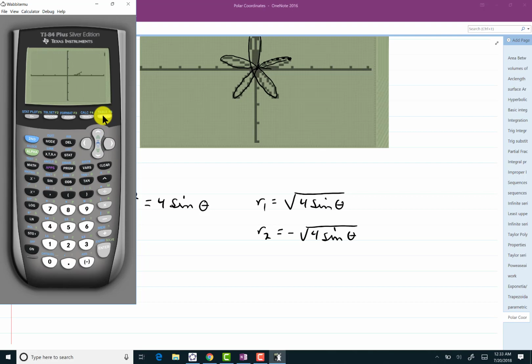I'll adjust as needed. I'm doing it slow so I can see what's going on here. Here we go. It kind of looks like a figure 8, doesn't it? So it did the top half, and then it went and did the bottom half.